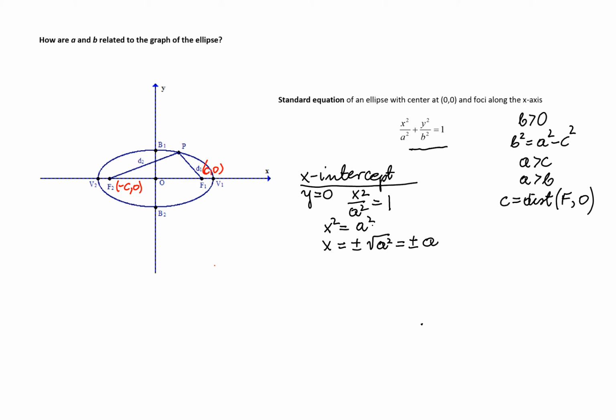Therefore, the intercepts are (a, 0) and (negative a, 0).